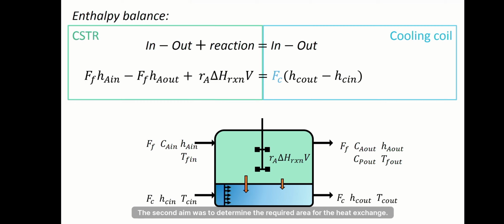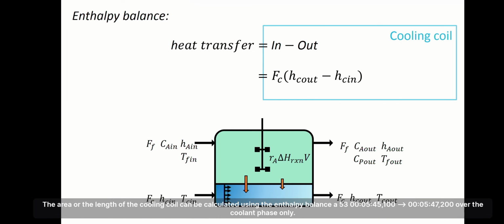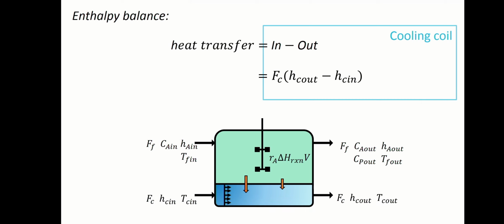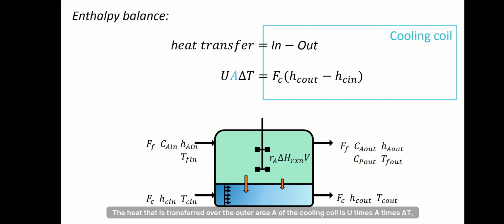The second aim was to determine the required area for the heat exchange. The area, or the length of the cooling coil, can be calculated using the enthalpy balance over the coolant phase only. The heat that is transferred over the outer area A of the cooling coil is U times A times delta T, in which U is the overall heat transfer coefficient, and delta T stands for the temperature difference between the hot content of the tank and the temperature of the coolant at the other side.